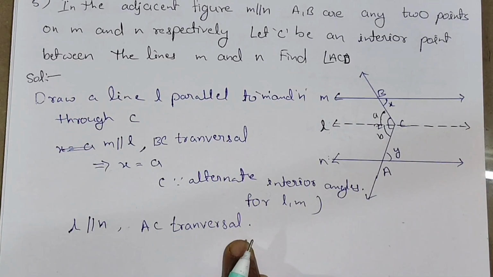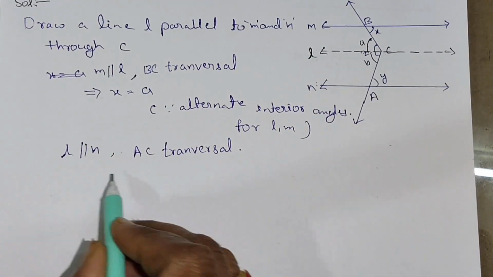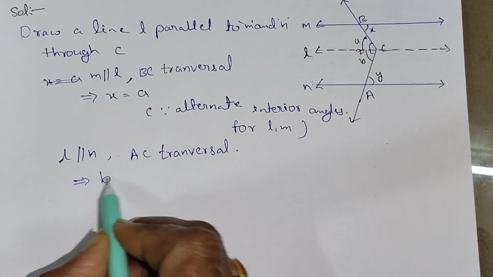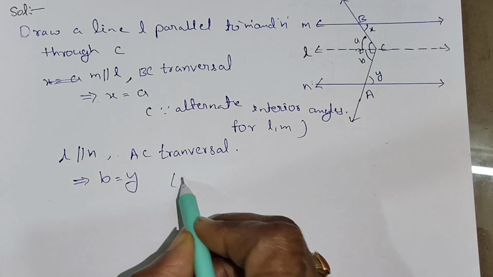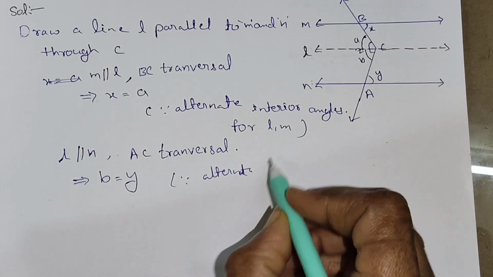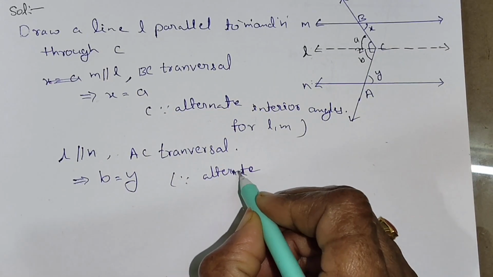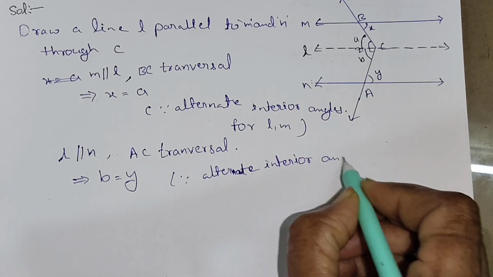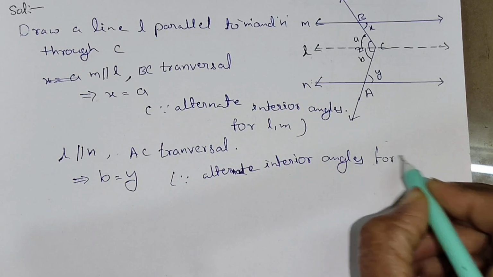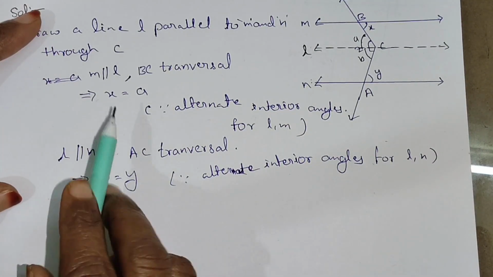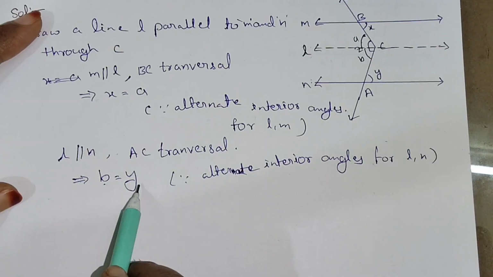AC transversal means B equals Y. So B equals Y. These two are alternate interior angles for L, N. So here X equals A and B equals Y.